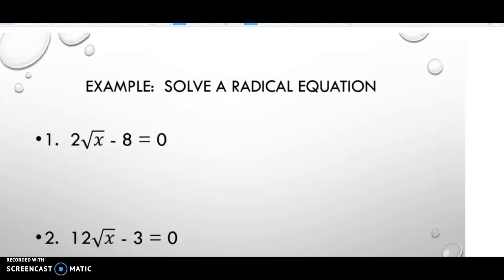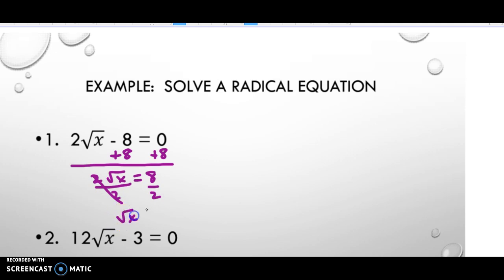equation. So for example, if we have 2 radical x minus 8, I want to isolate the radicand here. So I want to isolate radical x. To do that, I'm going to start by adding 8 to both sides, which leaves me with 2 radical x equals 8. And now to isolate this, I'm going to divide by 2 on both sides.